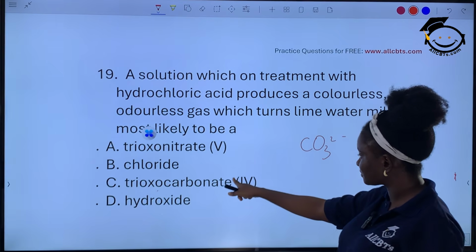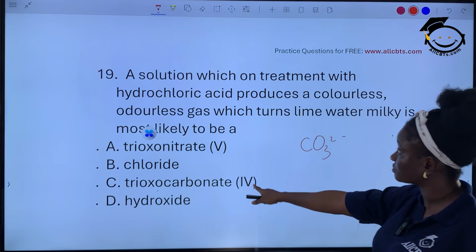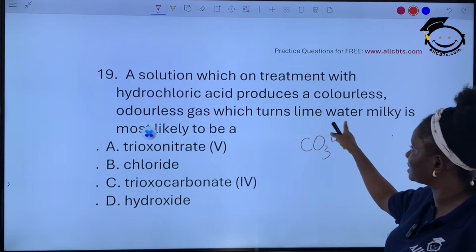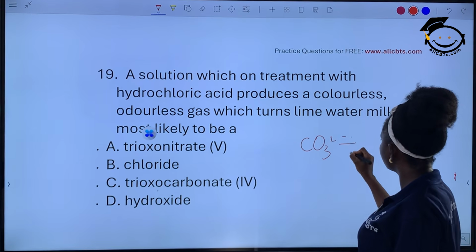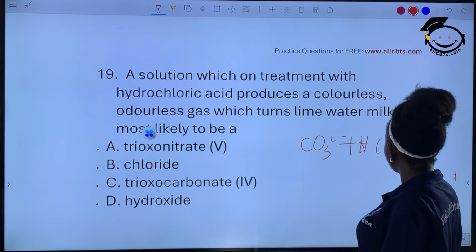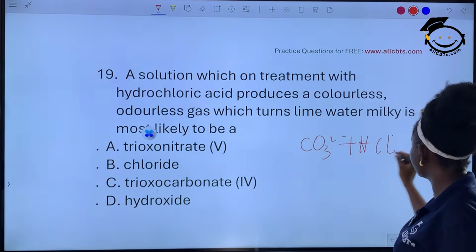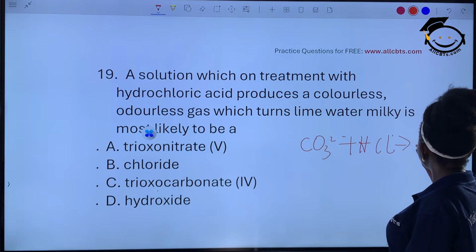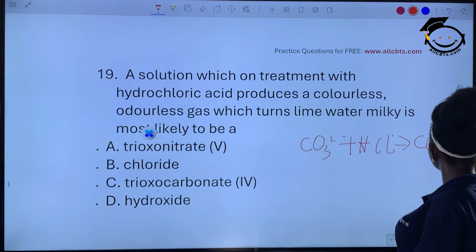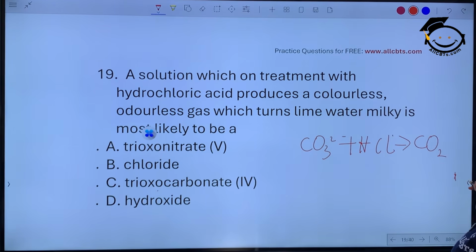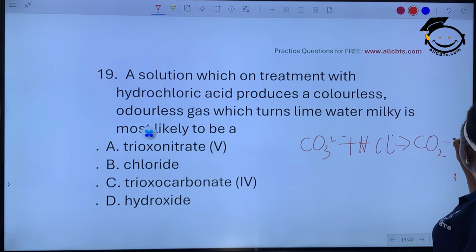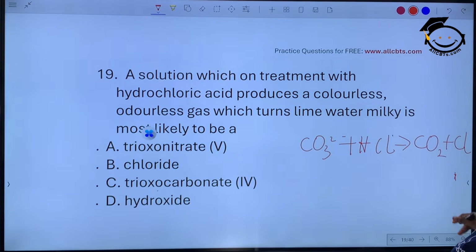(IV). Trioxocarbonate(IV), when it reacts with hydrochloric acid, gives CO2, and chlorine. So is it balanced?